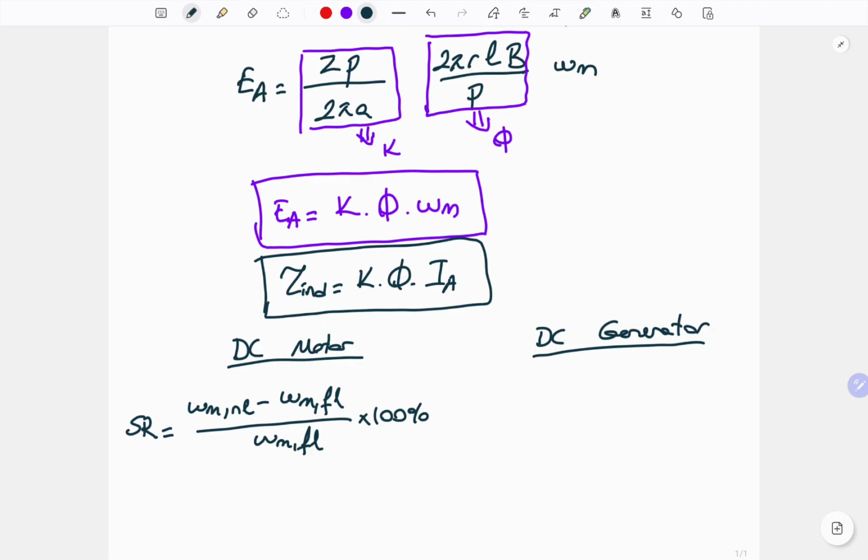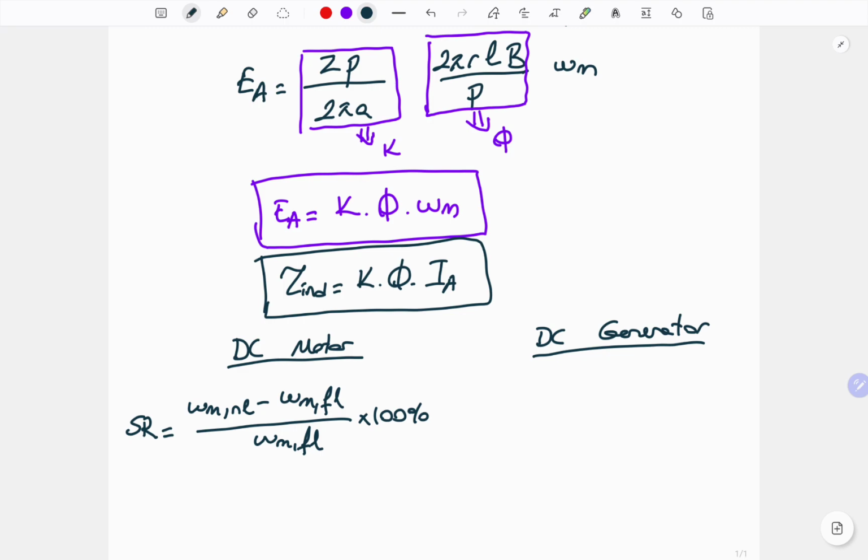But in the practical case, no load operation has some unexpected situations. Because of this, instead of no load parameter to calculate the regulation, we prefer to use around 10% load case, because at 10% the system will be more stable in operation. So in that case, we can find a more correct result for the regulation parameter.